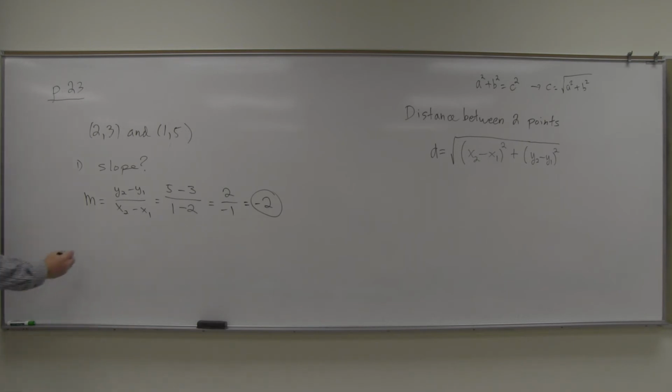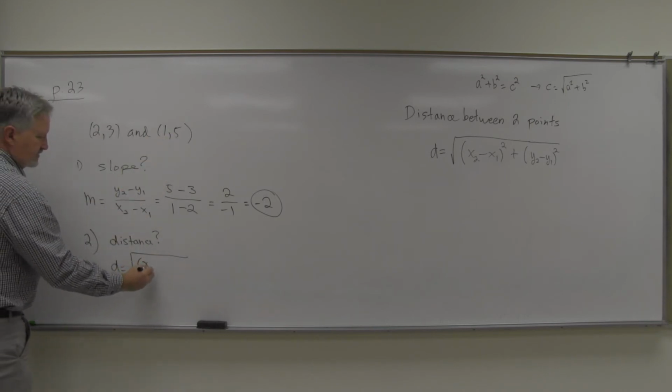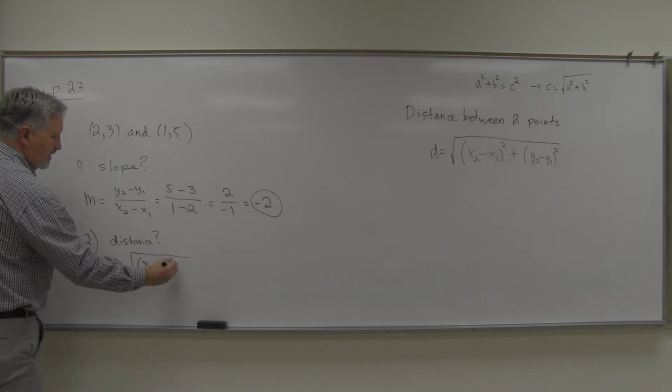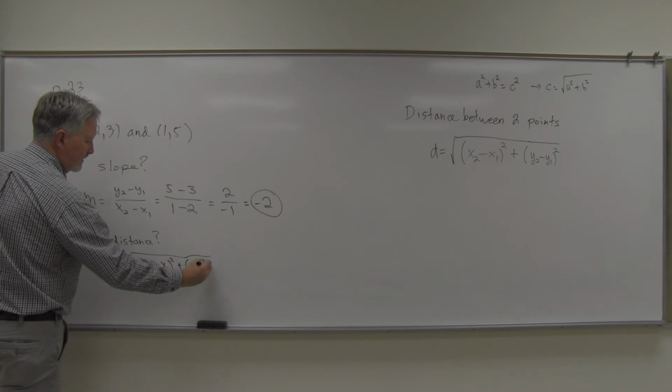And so then number 2 is the distance between those points. So that's that formula, D equals the square root of x2 minus x1 squared plus y2 minus y1 squared.